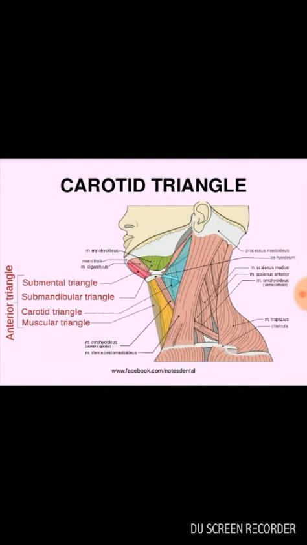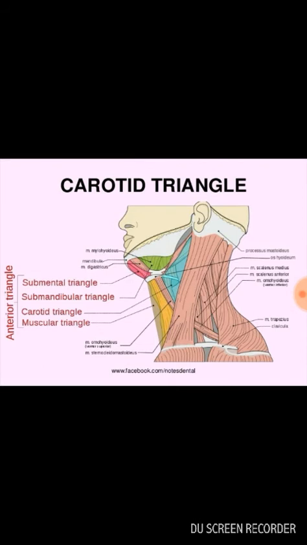Contents of the carotid triangle would be, as the name suggests, the carotid. Also present within the carotid triangle are the superior thyroid, ascending pharyngeal, lingual, facial, and occipital branches of the external carotid.